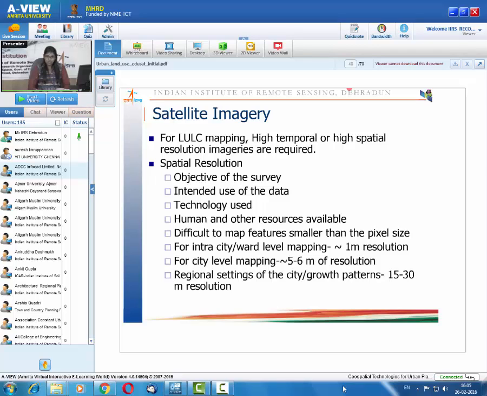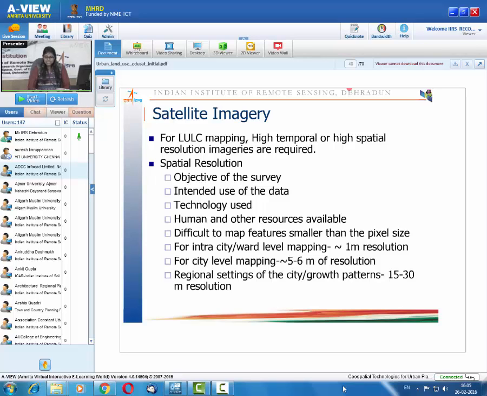Spatial resolution, how are we going to analyze the spatial resolution? When we say perspective planning, 1 is to 25,000 scale, and when I say local level planning, 10,000 scale, 5,000 scale, 4,000 scale, it depends upon our usage.